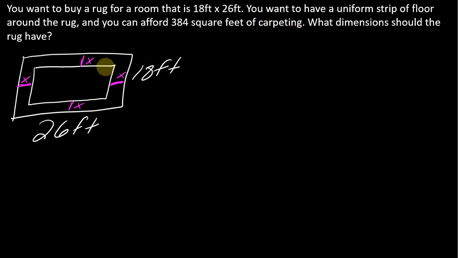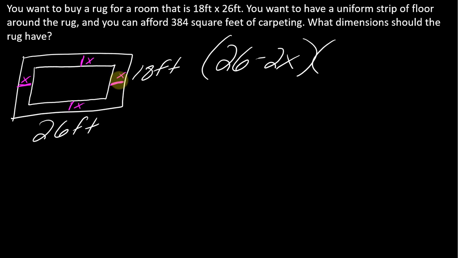If this is the situation that I want, I need to be able to describe it. The rug going in this direction is 26 minus 2x. This whole side is 26, but then I need to subtract off 2x for that little amount that goes around the rug.